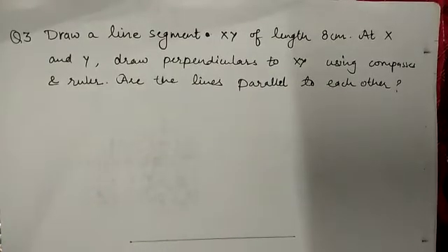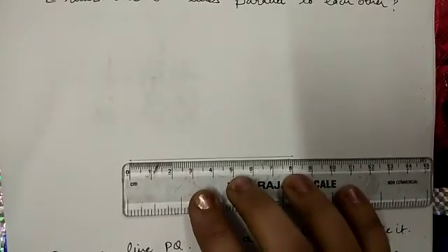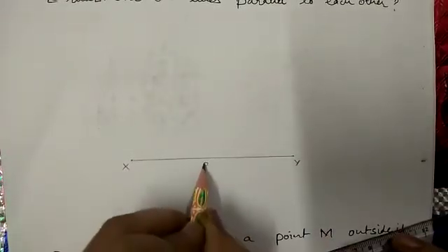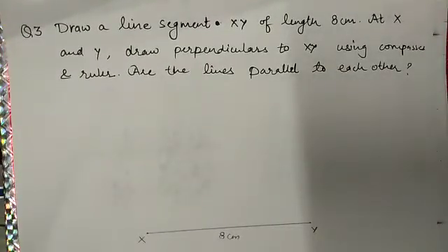Question 3. Draw a line segment XY of length 8 cm. First of all, using scale, we will draw a line of measure 8 cm. Now, at X and Y, we have to draw perpendiculars to XY using compass and ruler.